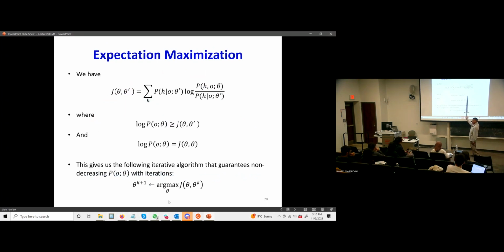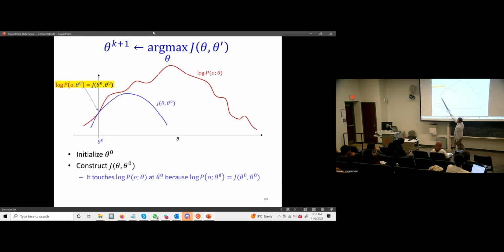So if I set the parameter for J as theta prime, say theta 0, then my auxiliary function is going to be touching my log likelihood at theta 0, because J theta 0 is the same as log P of O at theta 0, right? But it's strictly a lower bound. And so the function J is going to have a shape of this kind, and it touches the log likelihood function at the initial estimate, theta 0.